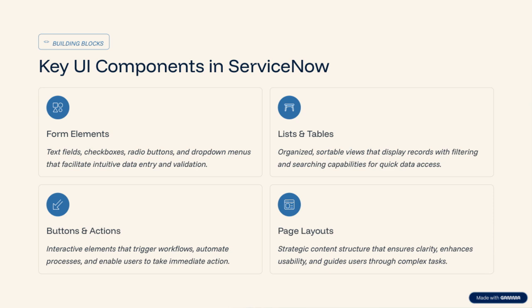Then we have buttons and actions. These are organized, often sortable views that display records. They come with filtering and searching capabilities, allowing users to quickly find the data they need. Speed and ease of access are essential here. Lastly, let's talk about lists and tables, along with form elements like text fields, checkboxes, radio buttons, and drop-down menus.